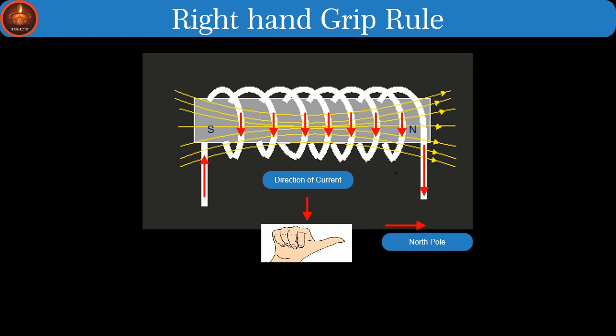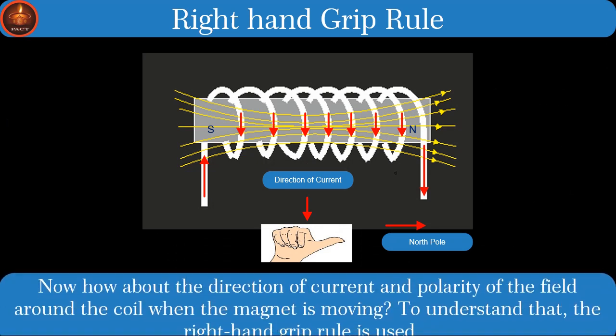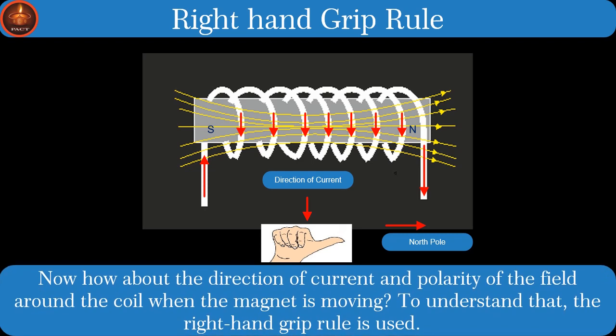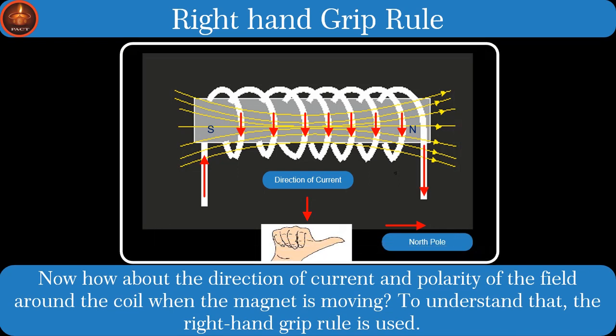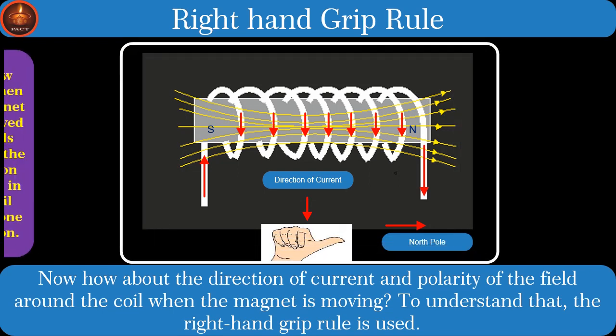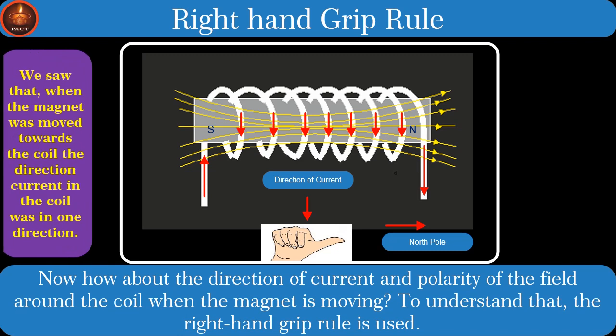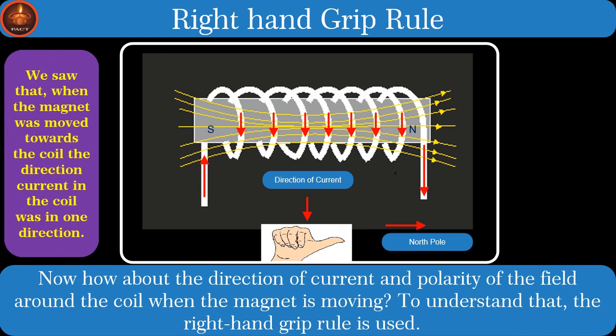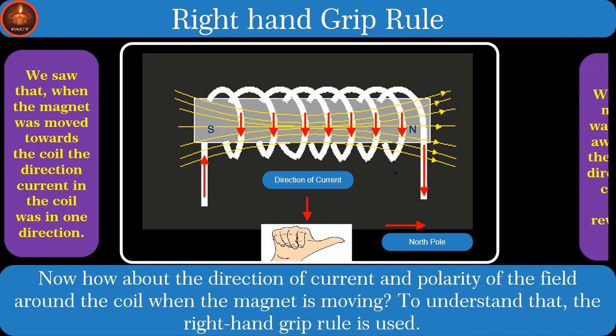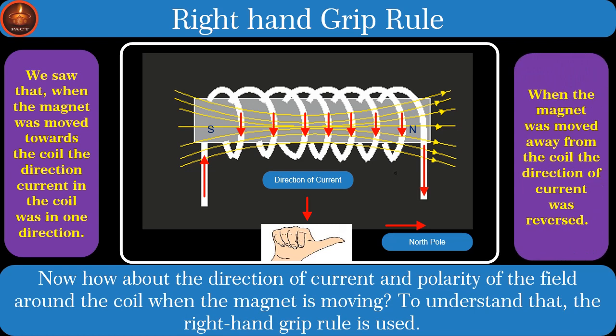Friends, now how about the direction of polarity of the field around the coil when the magnet is moving? To understand that, the right hand grip rule is used. Observe the figure shown. We saw that when the magnet was moved towards the coil, the direction of the current in the coil was in one direction. When the magnet was moved away from the coil, the direction of the current was reversed.